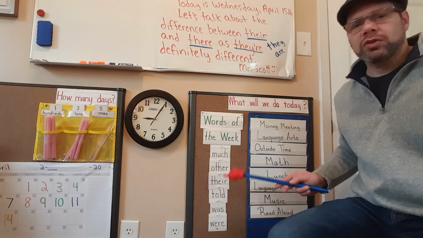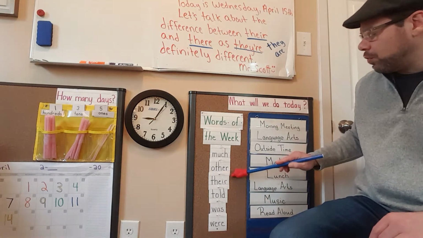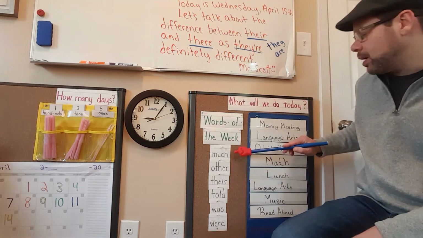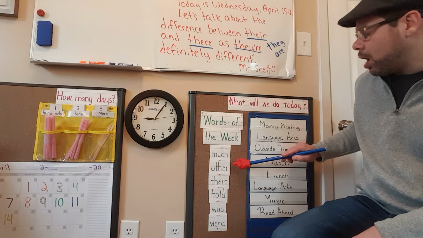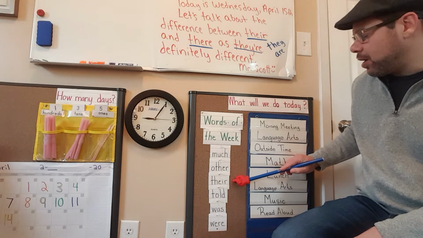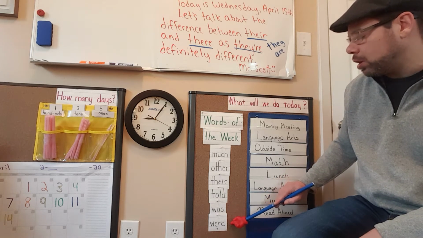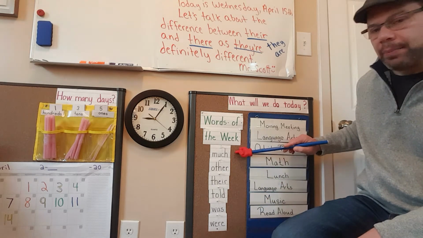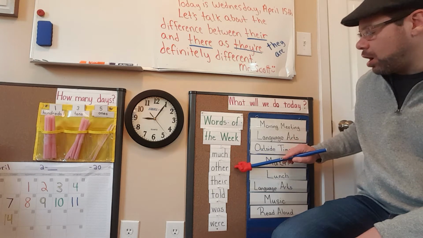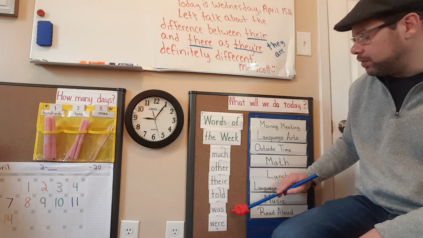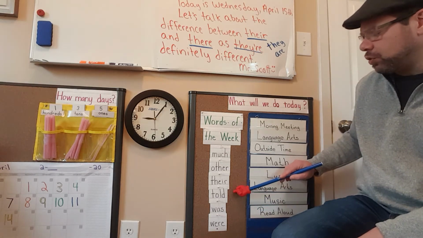All right. So let's go over our words of the week. We already went over that word there, but we're going to go ahead and read it anyhow. Everyone ready? Read with me. Much, other, there, told, was, were. Ready? One more time. Much, other, there, told, was, were. See that word told?